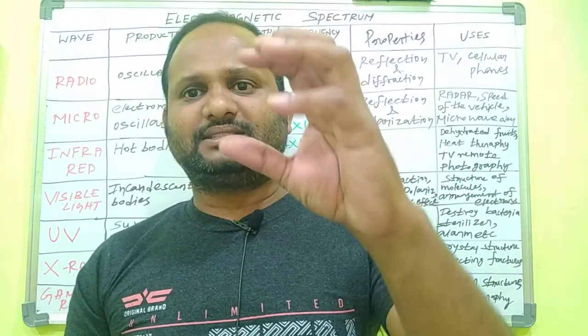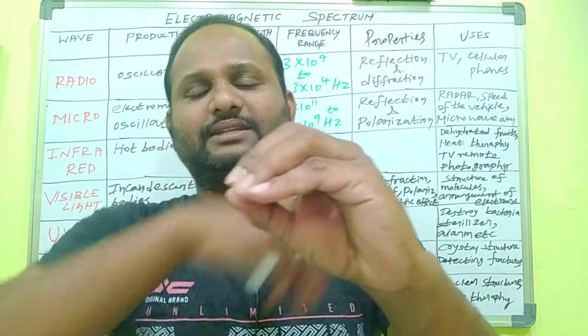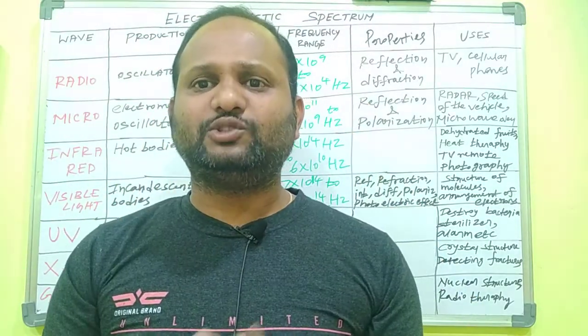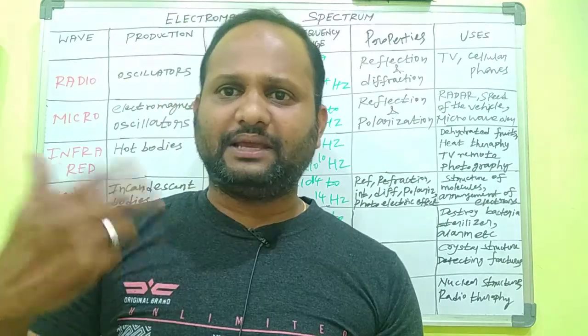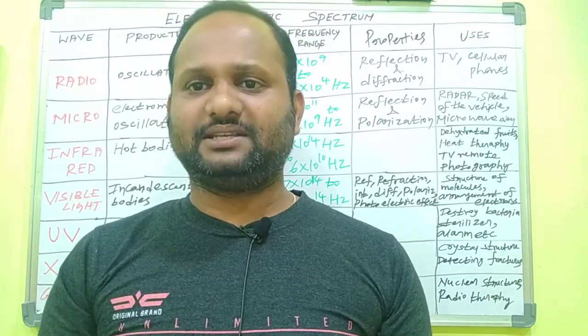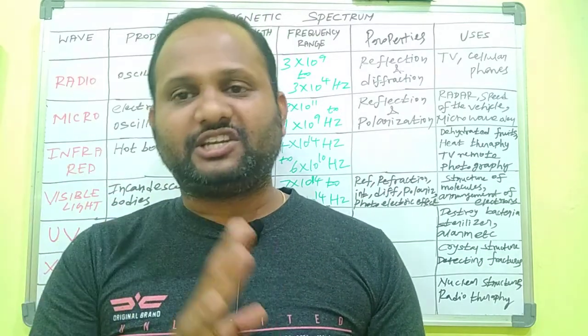If the gamma rays are passed in one side of the earth, they will come out from the other side. We can't catch the gamma rays because they are neutral. You apply an electric field or magnetic field, none of them can attract gamma rays. So the main property of gamma rays is high penetrating power.